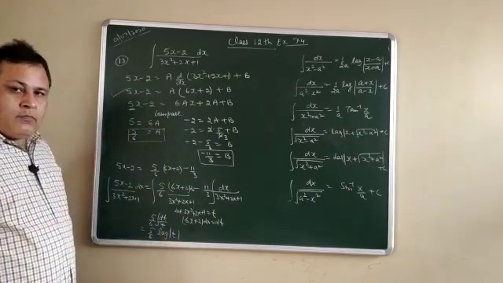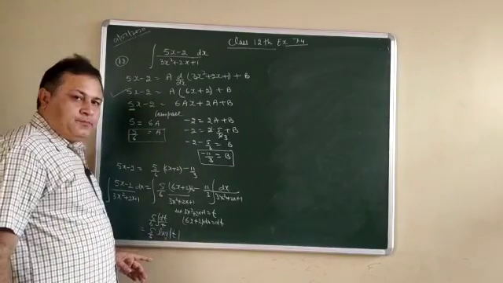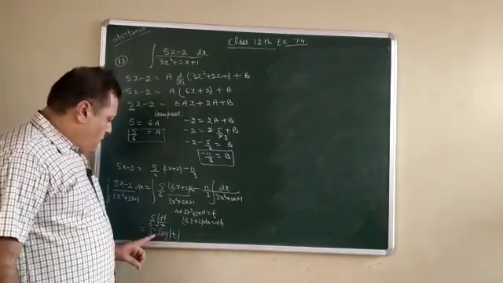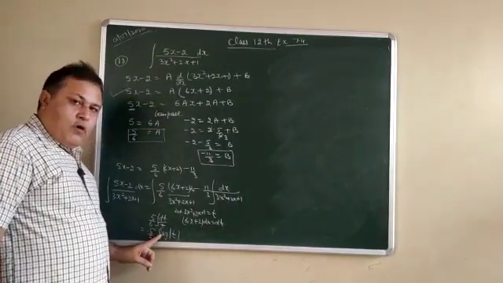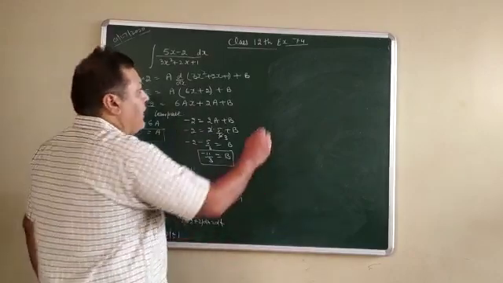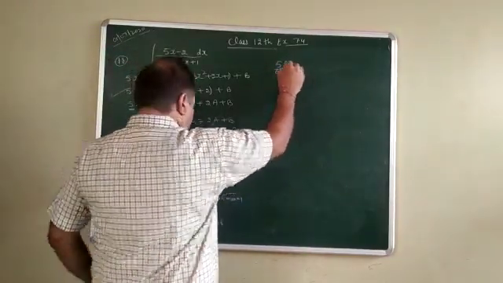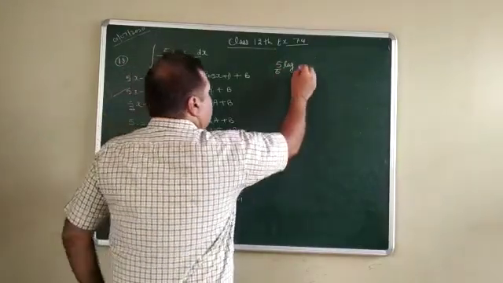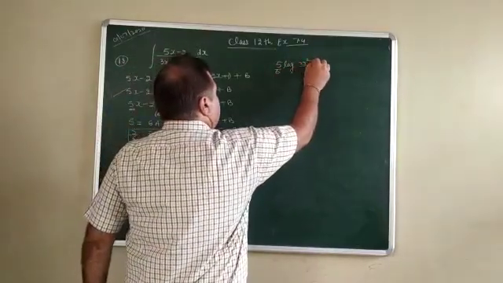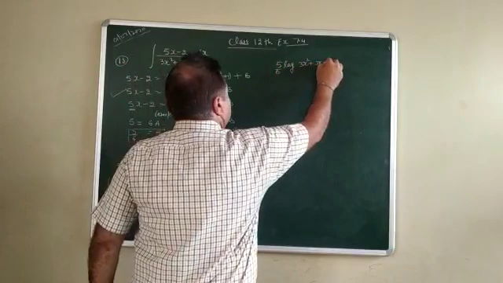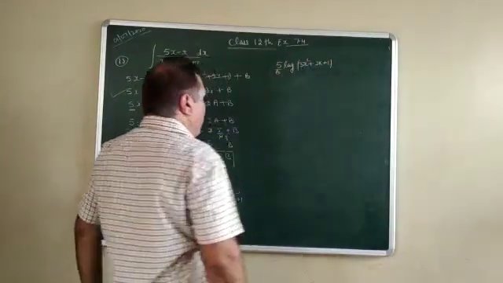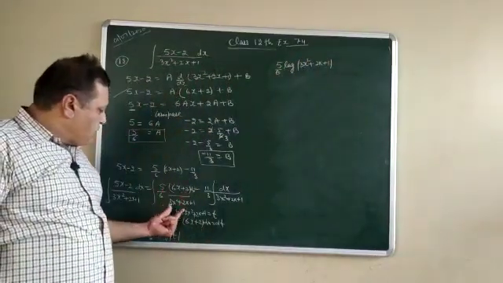Now t is equal to 3x square plus 2x plus 1. So 5 by 6 log of 3x square plus 2x plus 1 is the integration of the first part.